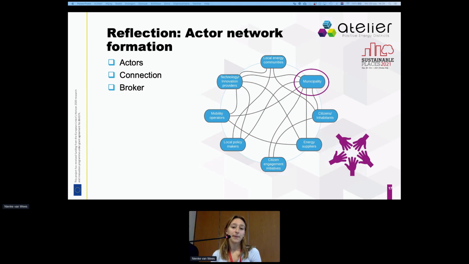So it can also be technology or innovation providers. But it's important to distinguish this and to also communicate it. Like a university, they have a research and innovation agenda. So basically, you would expect them to take that role.